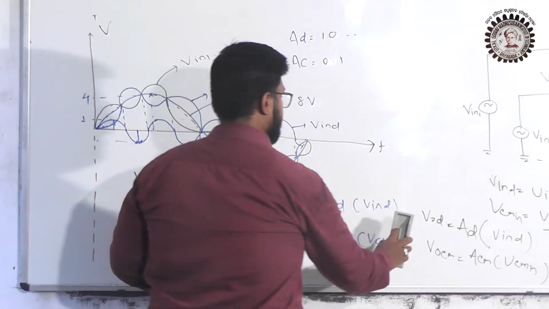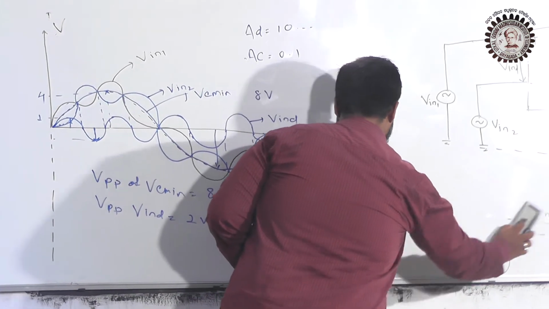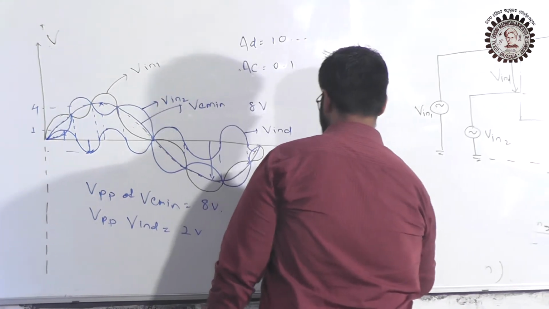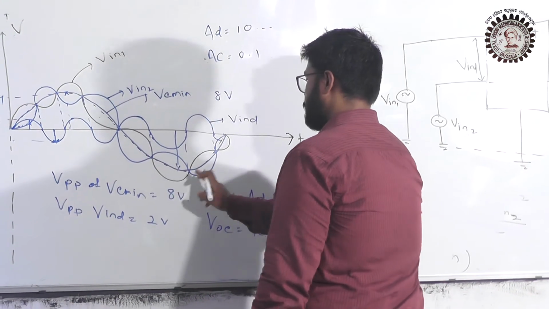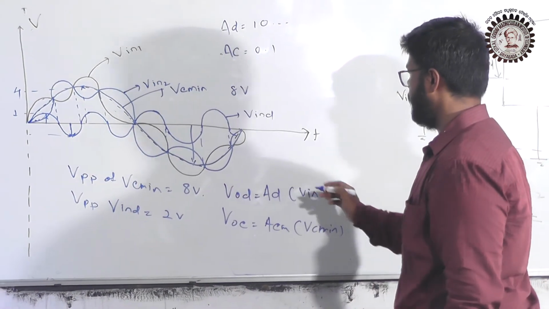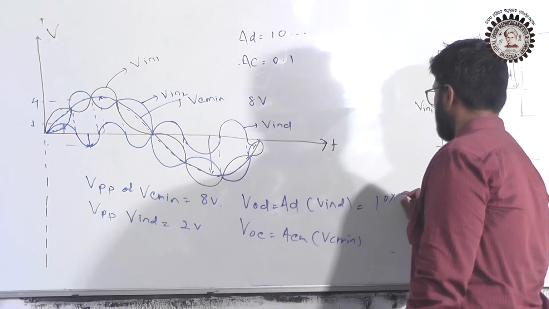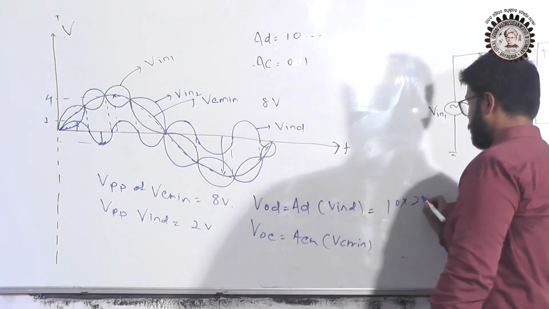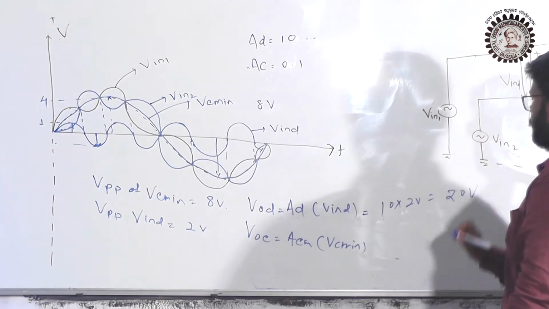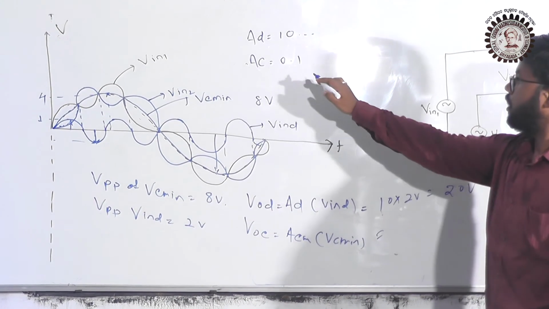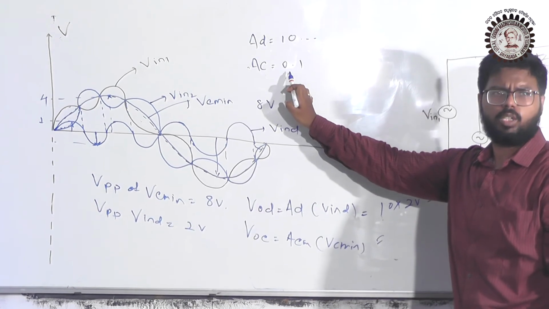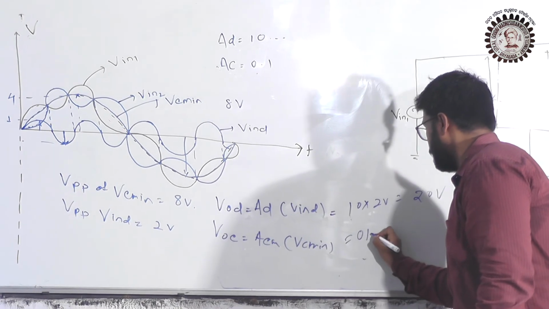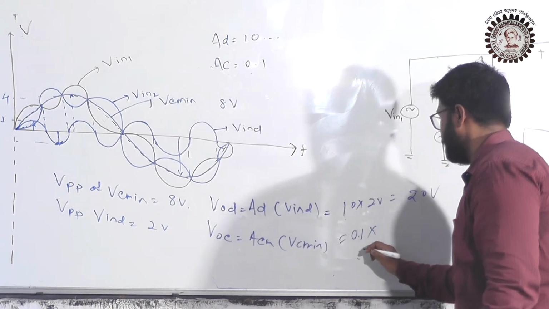Now we can see that the output differential voltage will be 10 times the input differential voltage; the peak to peak is 2 volt, so that will be 20 volt. Similarly, our common mode gain is very low, to suppress the noise, so our output will be 0.1 times the input.